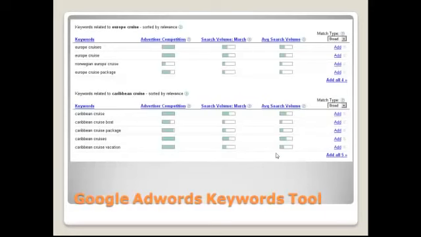Another cool thing about this is, a few months ago, there's something called latent semantic indexing, LSI, and it's a factor that Google takes into account to find out how relevant a page is for a certain word.